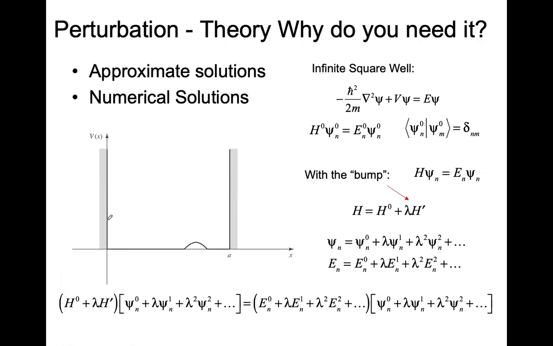I think about that as being one possibility. What if maybe I cut the corners a little bit? That might be another thing I might do to an infinite square well to take it away from the ideal model. The ideal model has a great value in that we could solve it, right? And I think there are two solutions, approximate solutions, and that's what perturbation theory is all about.